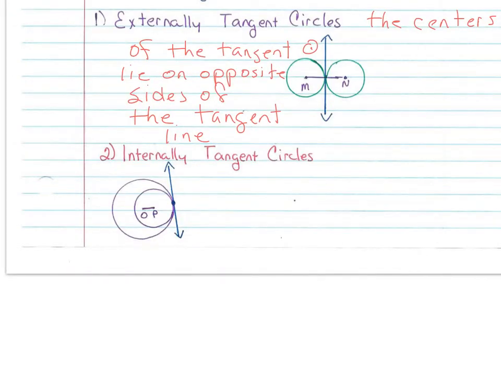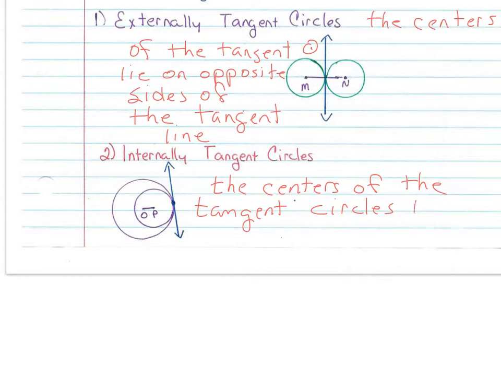Here you have an example of internally tangent circles. The centers of the tangent circles lie on the same side of the common tangent line.